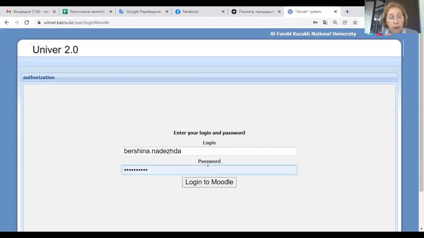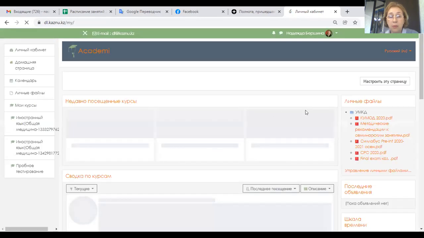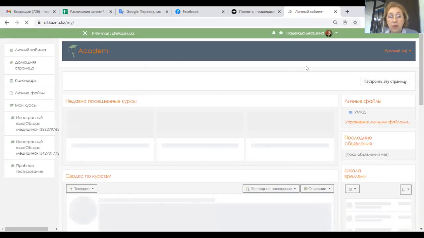This is the password, and then you can log into Moodle. Do you understand? Yes, Dr. Thank you.